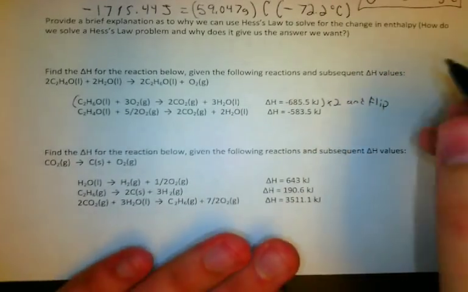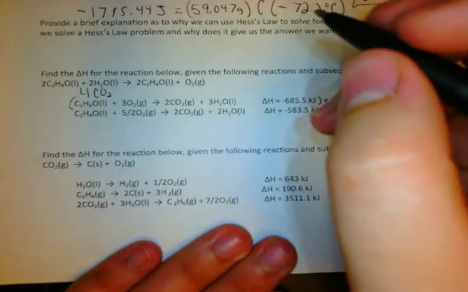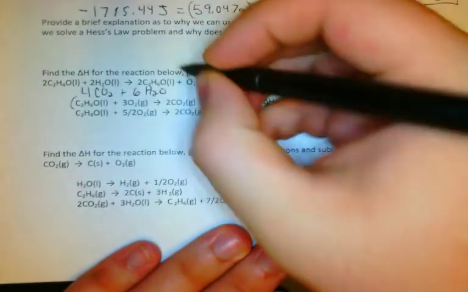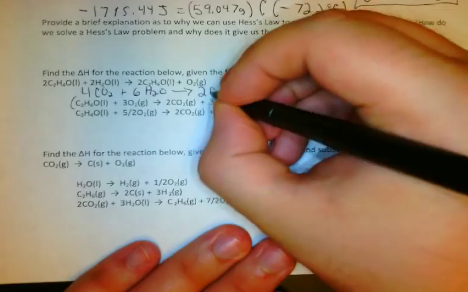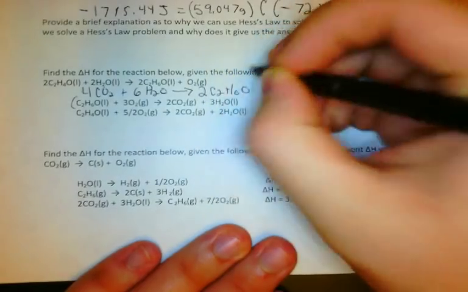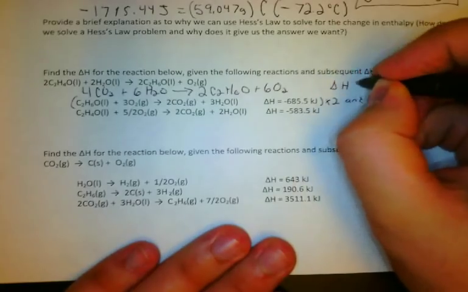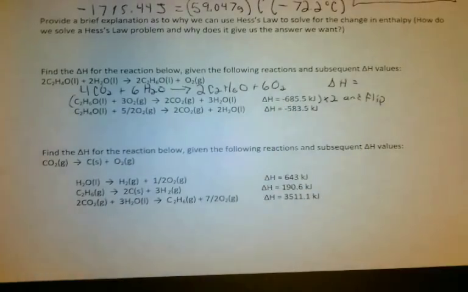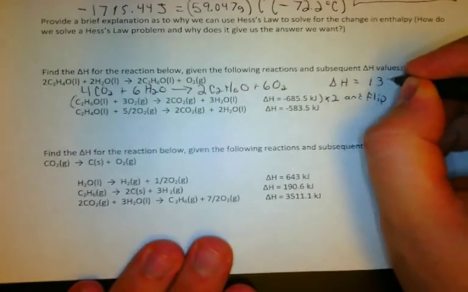So if I do that, I now have 4 CO2 plus 6 H2O makes 2 C2H6O plus 6 O2. And my delta H now has changed to a positive because I flipped it. And it should be 685.5 times 2, 1371.